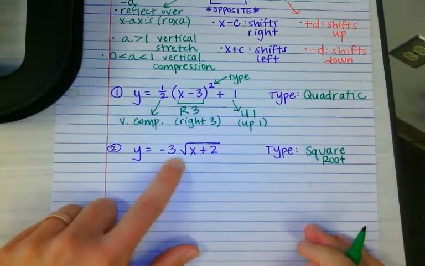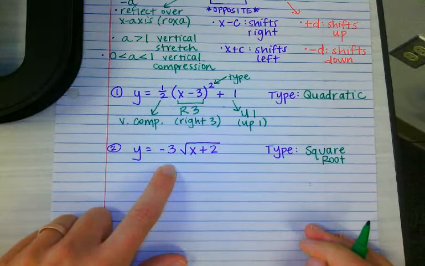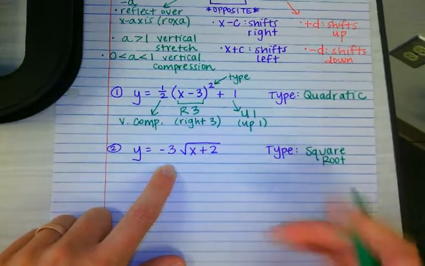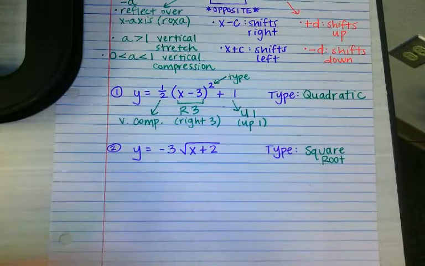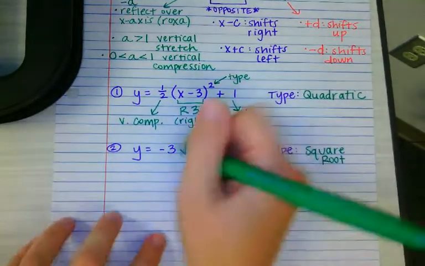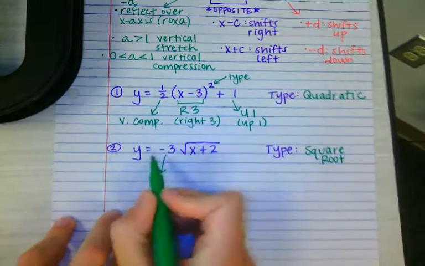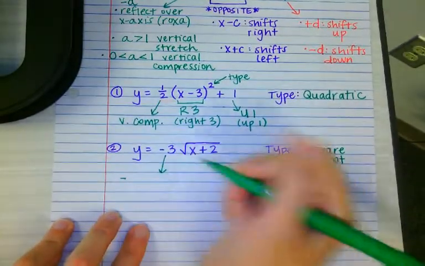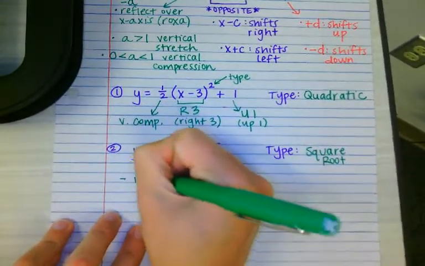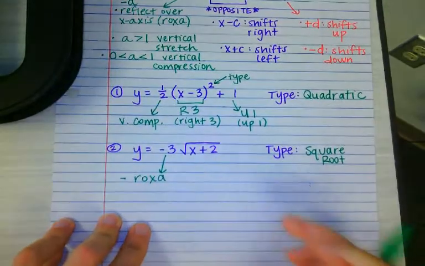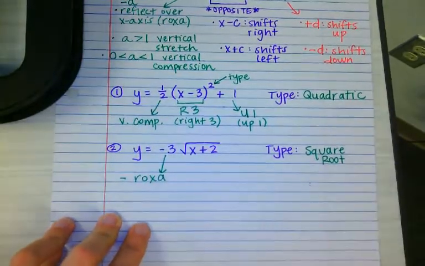The -3 does 2 things here. So the fact that it's negative, let's talk about that. The negative itself means that I have a reflection over the x-axis. This graph is going to be flipped.